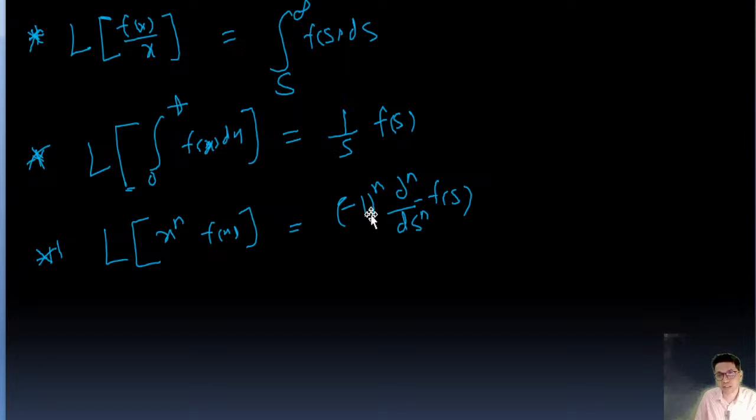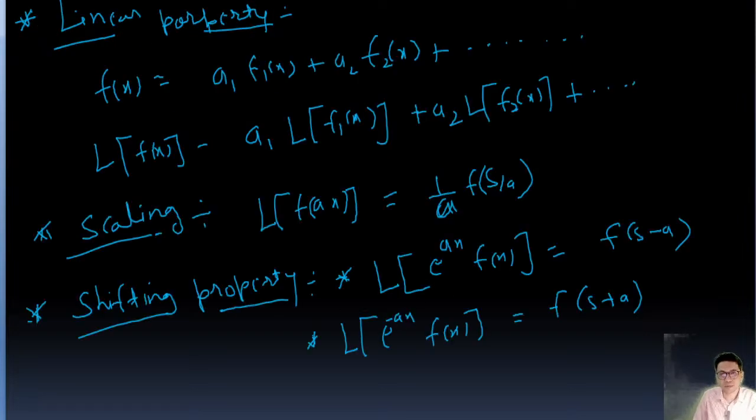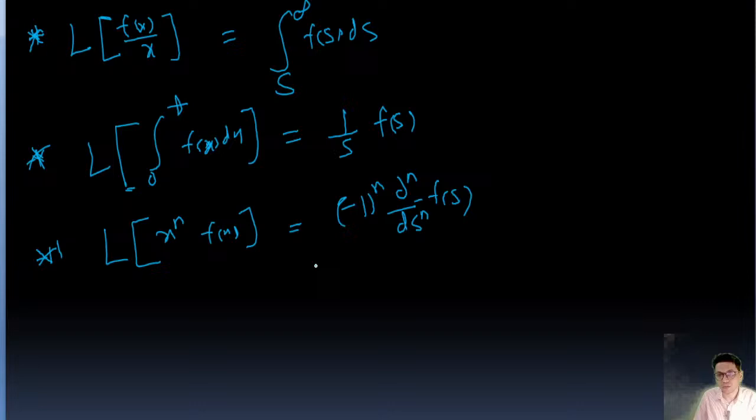So here we have just x to the power 1, right? So this is going to be minus 1 to the power 1 d upon ds. If x is here, then using this formula it is minus 1 to the power 1, meaning minus d upon ds of Fs, right?